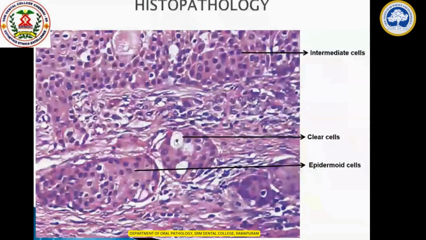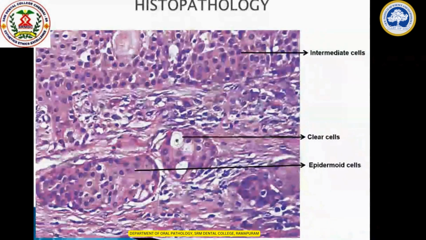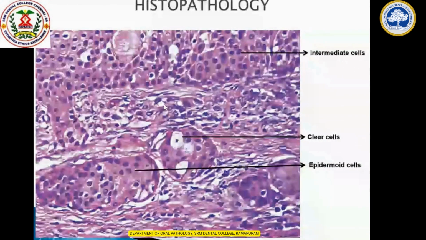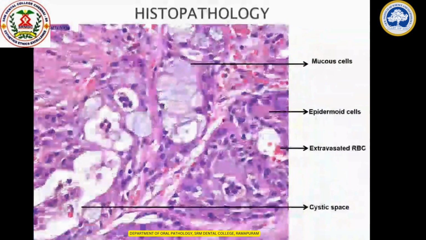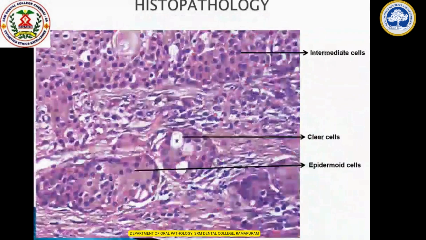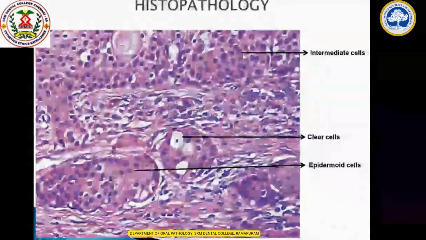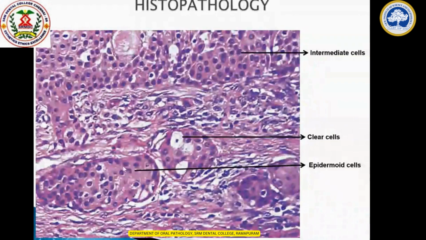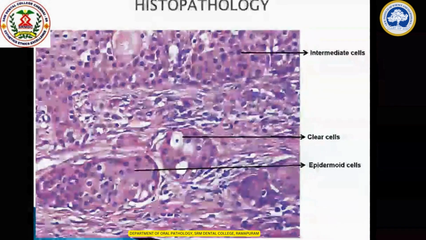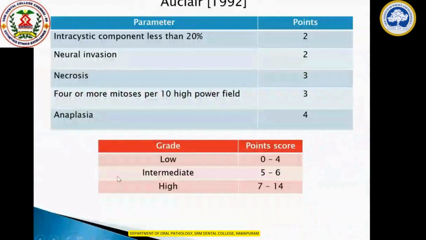In a clear cell, the nucleus will be in the center only, whereas in your mucous cells, the nucleus will be pushed to the periphery. That's how you differentiate a clear cell from a mucous cell. Your clear cells will all appear empty, vacuolated. And this is the polygonal cell or the epidermoid cell, with more cytoplasm and prominent intercellular bridges.